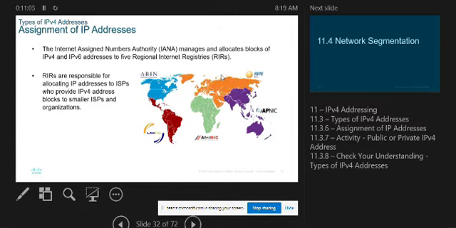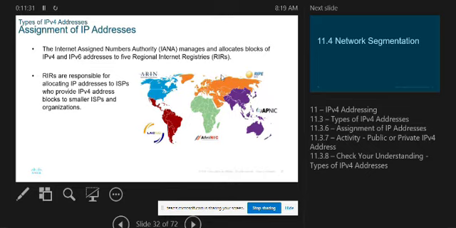So IANA is handing these out to these regions. You can see AFRINIC, Asian Pacific or APNIC, RIPE, which is your European, Latin American, the LACNIC, and then we have ARIN out over here in the US, or the North American continent, I guess is more than just the US, right?